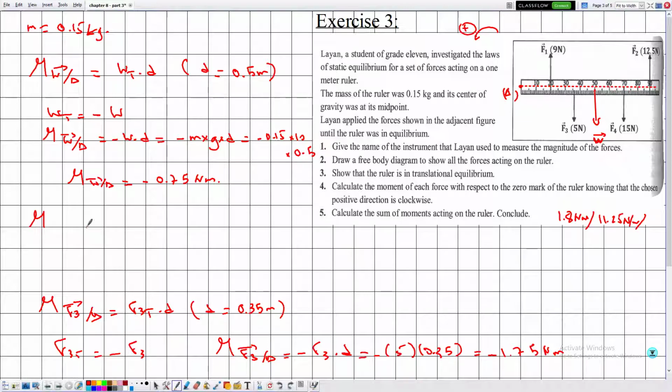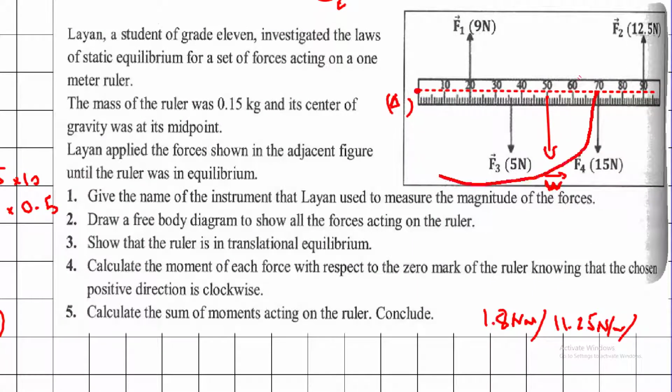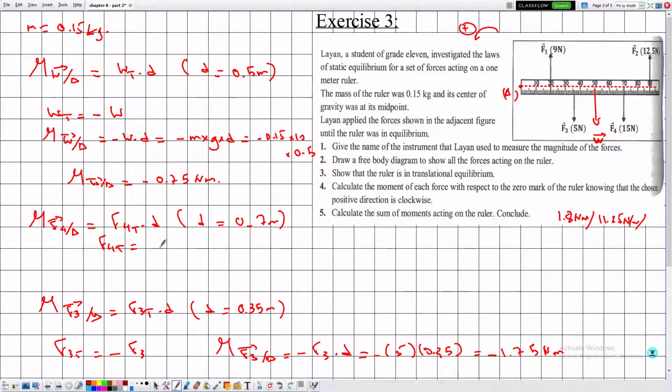As for the moment due to the force F4 produced around delta, which is equal to F4 tangential multiplied by the distance D. D is equal to 0.7 meters. So F4 tangential, it will try to rotate the system in this way, which is clockwise, which is negative, F4 multiplied by the value of the cosine. In this case, it's completely tangential.